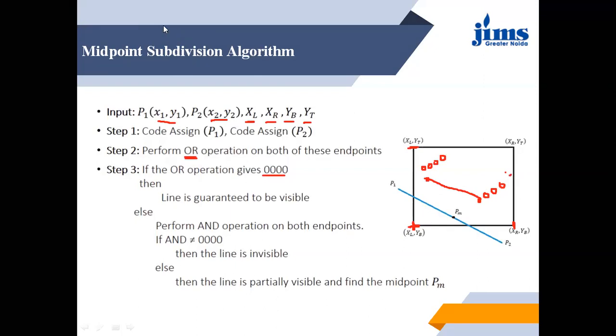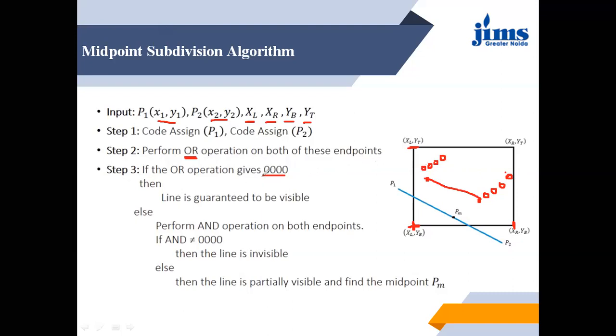The result of an OR operation is 0 only when both bits are 0. It means it's easy to conclude that the given line is completely visible.